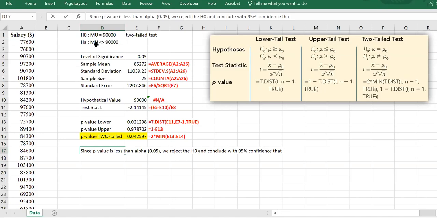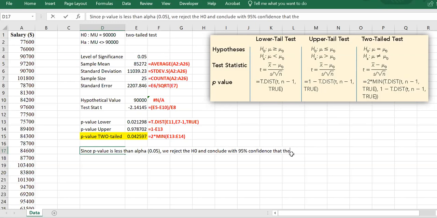Our conclusion is that the average salary of school administrators in the state of Ohio is statistically different from 90,000, the national average.